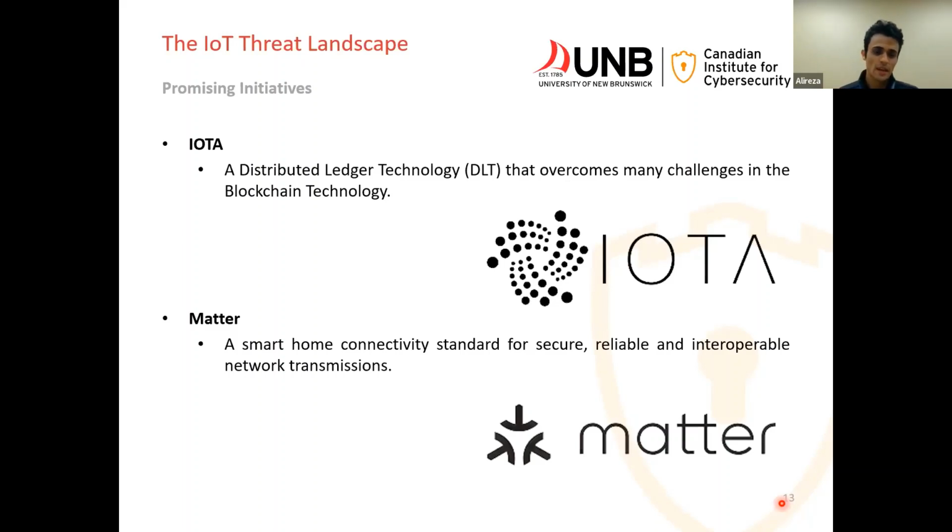throughout this year. The first one is IOTA, which is a distributed ledger technology that overcomes many challenges in blockchain, such as the cost and the computation power. I like one of their approaches for validating and making transactions throughout the network.